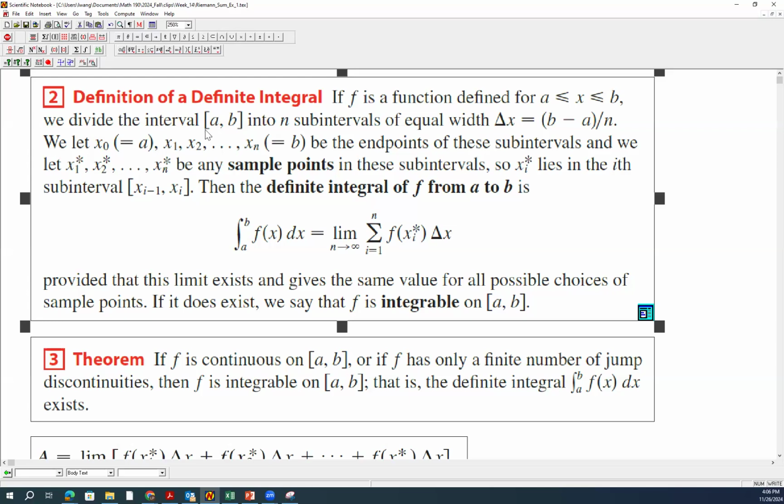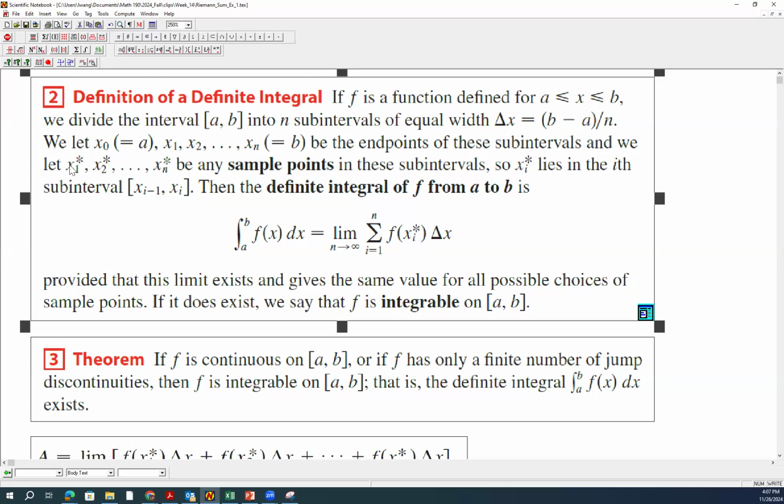So in this definition, the interval is divided evenly, equal width. Note this specific requirement. Later on we will talk about how, even if the intervals are not of equal width, the limit will still exist for continuous functions.